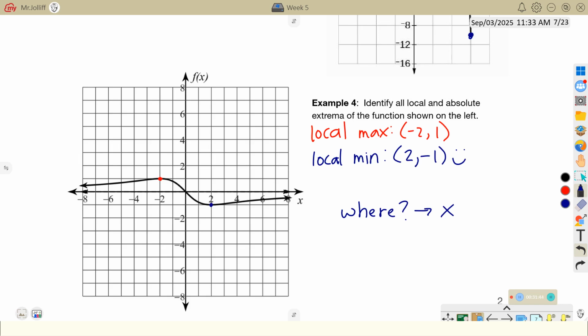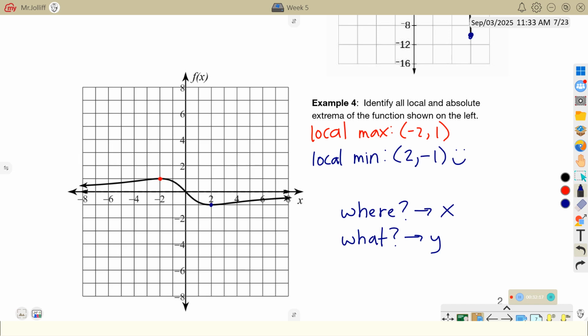If they ask you what the maximum is, they're asking for the y coordinate. Because what is the maximum height? That's a y value. Where is asking where on the x-axis that max height occurred. So where is an x coordinate? What is a y coordinate? Sometimes it'll ask you for both. What is the coordinate of the extrema? And you'll give them both.